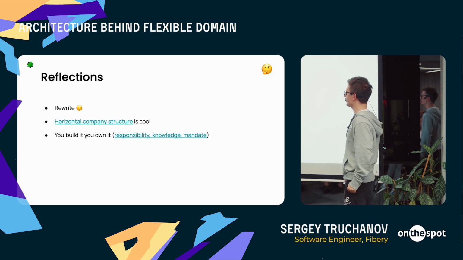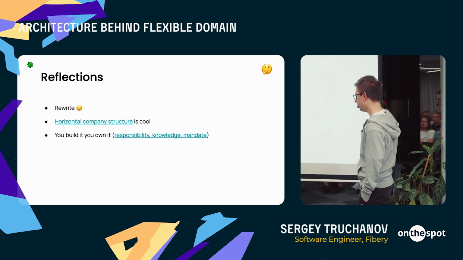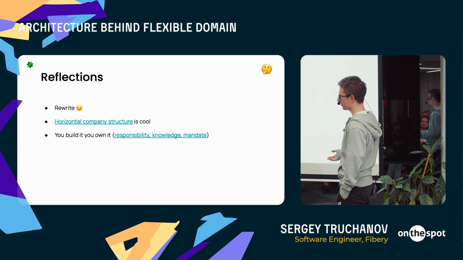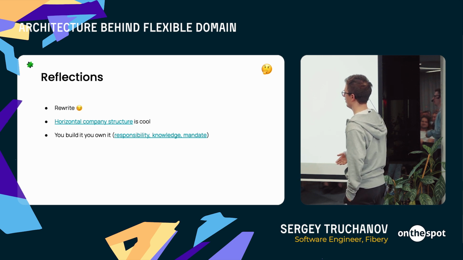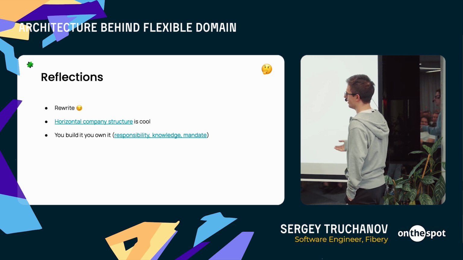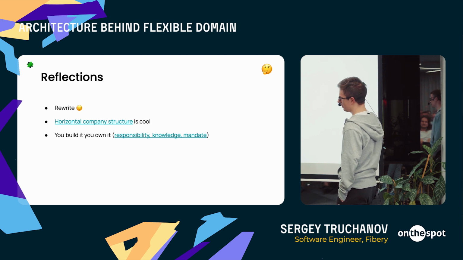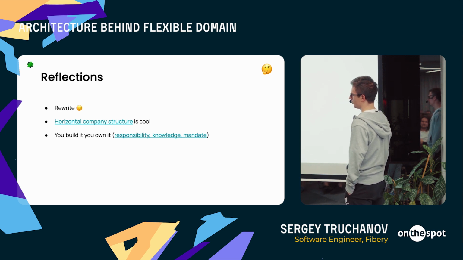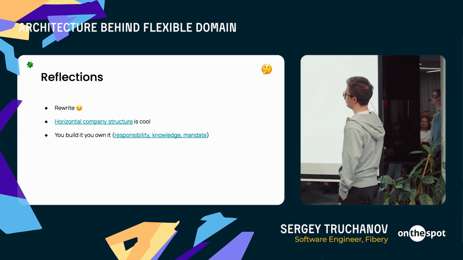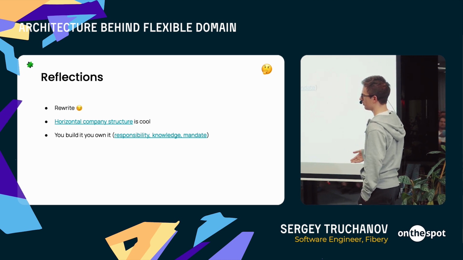The second point is about horizontal company structure. Our CEO is a big fan of horizontal company structures. Even in TargetProcess, we didn't have managers. Same in Fibery. We don't have CTOs or lead developers. Everyone is a developer. Such a structure leads to responsibility, because your impact actually affects the system and you see it.